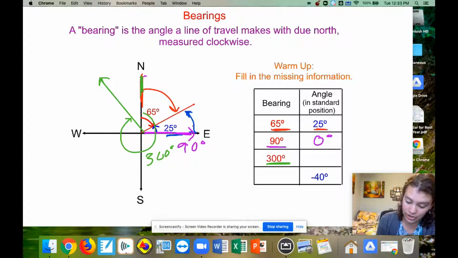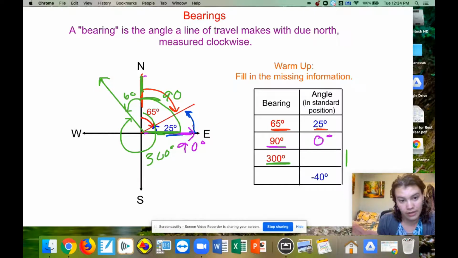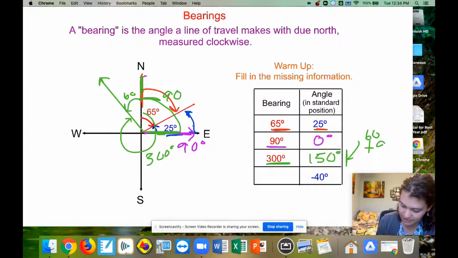And then to figure out the standard angle, we want to come from the x-axis. Now if I come this direction, this is 90, and then I have a chunk extra. So I have 60 degrees extra because I went 90, and then to go from 360 to 300 is 60. So this one is going to be 150. So 60 plus 90.